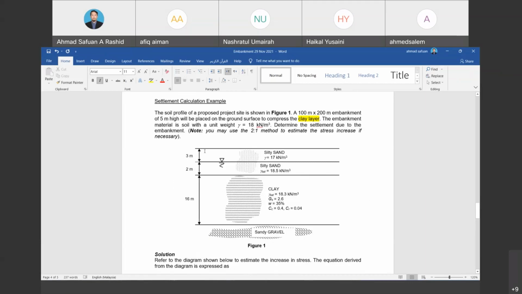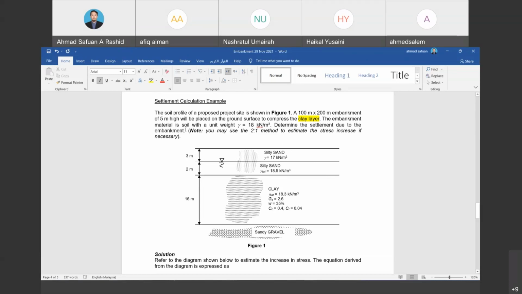Because previously, before any construction of the embankment, there was no structure or any loading on top of the ground area. So we consider the previous and the current effective stress to be equal. That's why we consider it a normally consolidated condition.